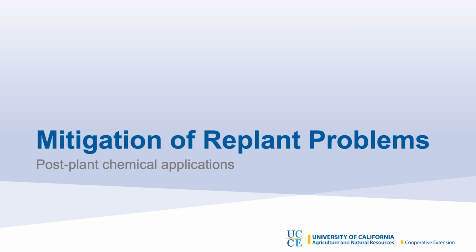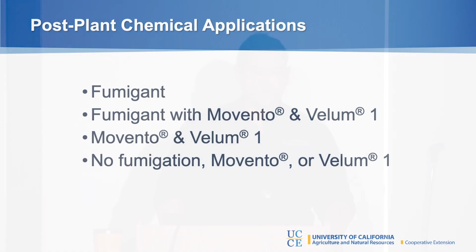When it comes to a mitigation measure, at least with replant and planting, potentially, if you didn't necessarily sample correctly or capture it, is post-plant chemical applications. So I'm talking about post-plant chemical applications for soil-borne pests, so nematodes. So David and I basically collected a lot of the data, did a study trying to see if these post-plant chemical controls were a replacement for fumigation.